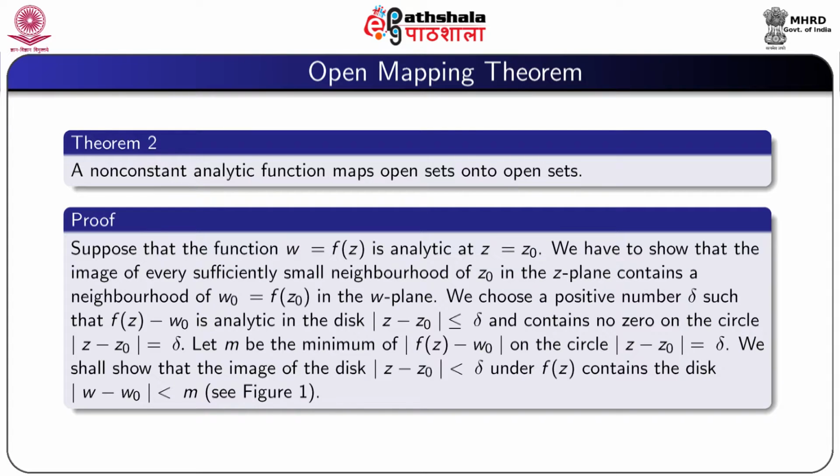Let M be the minimum of mod f(z) minus w0 on the circle mod z minus z0 equal to delta. We shall show that the image of the disk mod z minus z0 less than delta under f(z) contains the disk mod w minus w0 less than M.